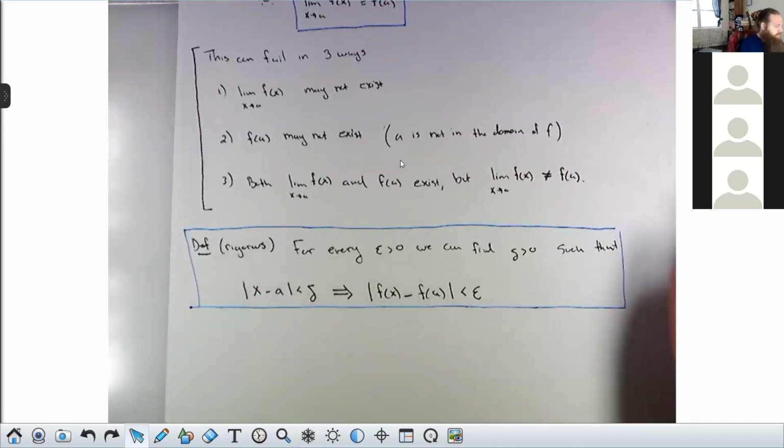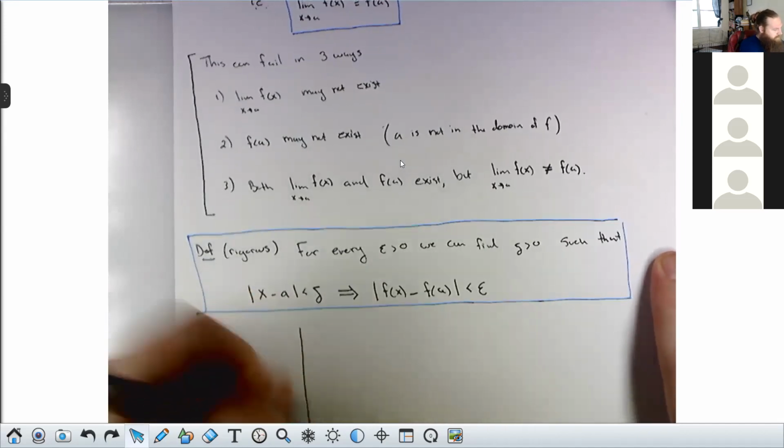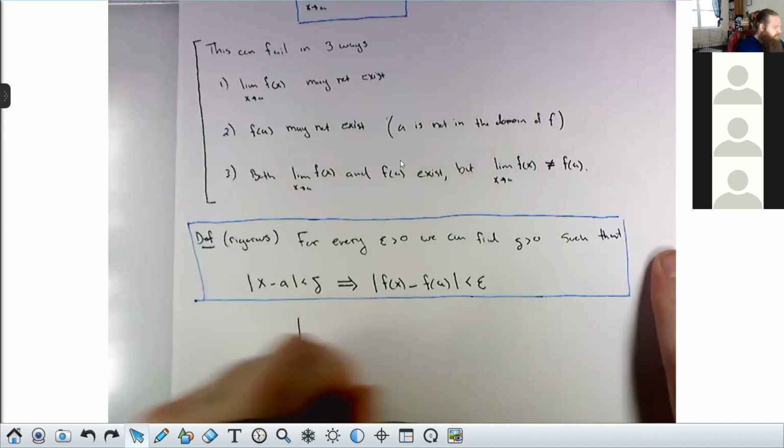Right? And really all we're saying here is the same thing as the limit statement.